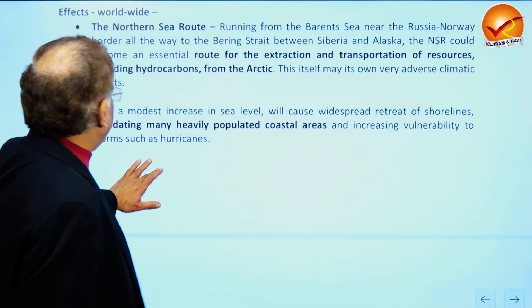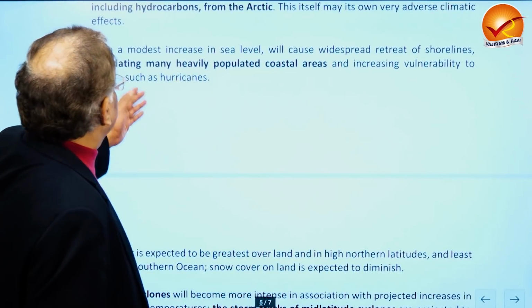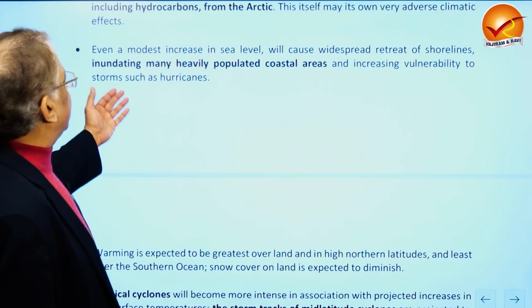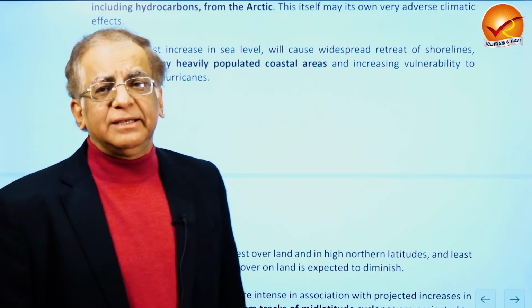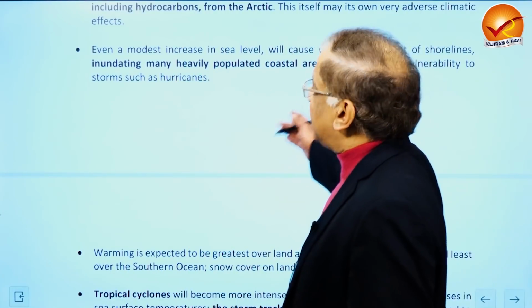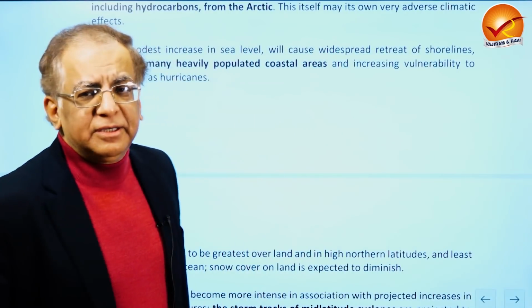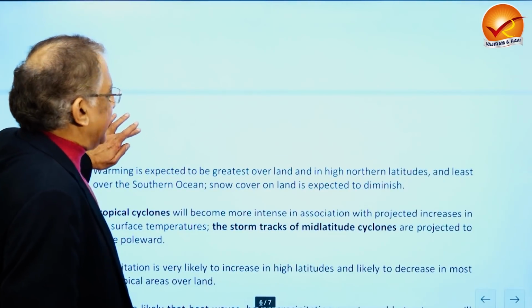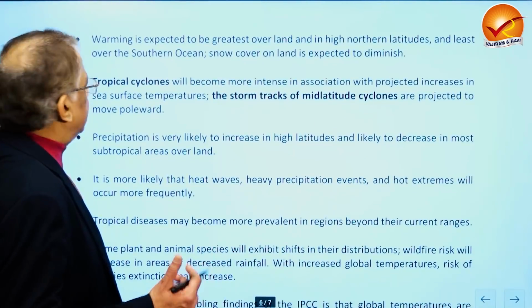Now, the next impact is that even a modest increase in the sea level will cause widespread retreat of shorelines, and it would result in inundation of many coastal areas which are heavily populated. So this is another important influence of the melting of ice in the Arctic region and the Antarctic shelves.